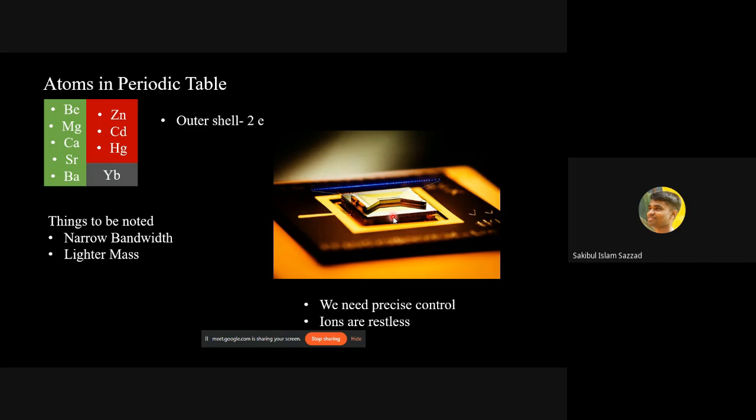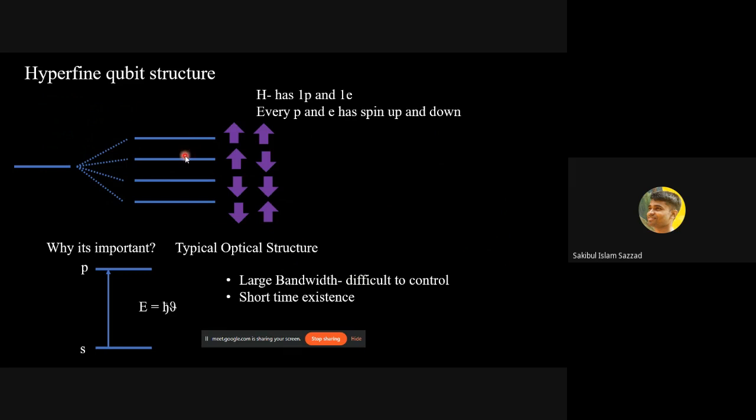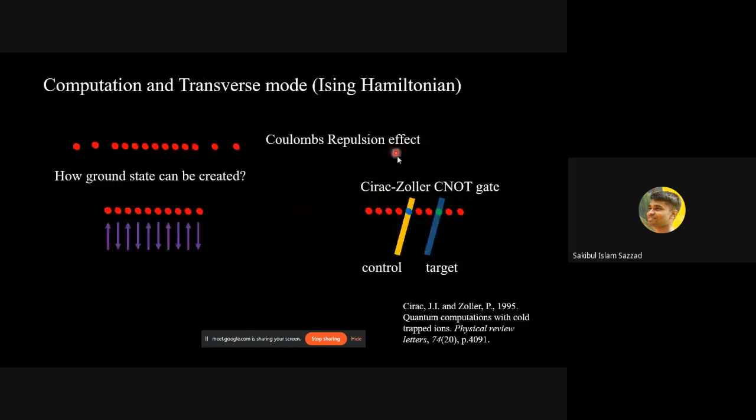So the energy should not be the same, and that's the thing. That's why we are using a hyperfine qubit structure. Basically, there is a gap between energy levels, and every energy is distinct actually. So because we want to work on this qubit, and we also want to work on this qubit, this one has a different wavelength or different frequency to work, and this one also has a different wavelength, different frequency to work.